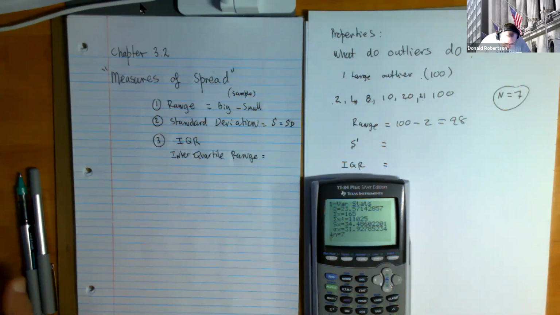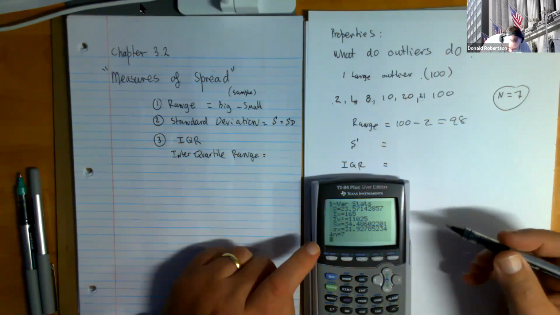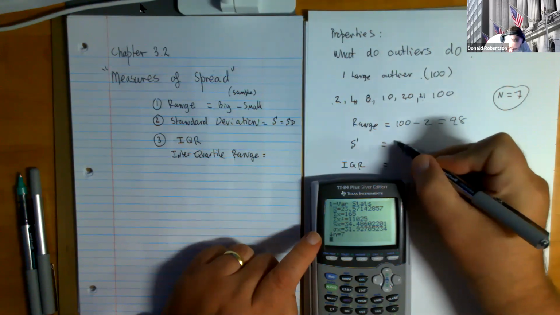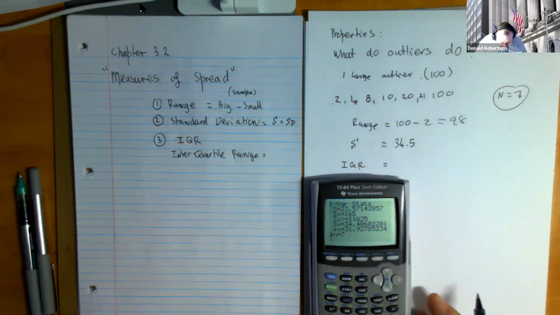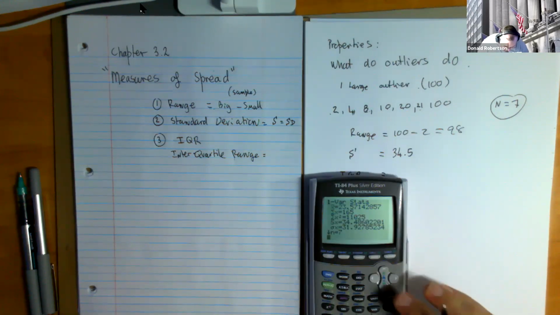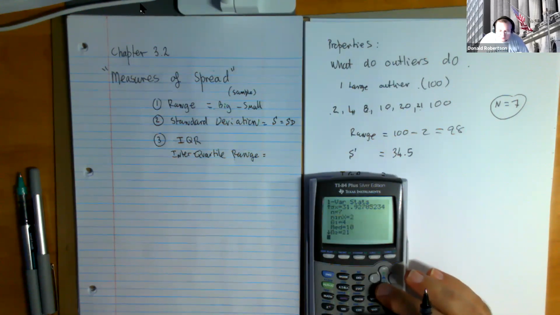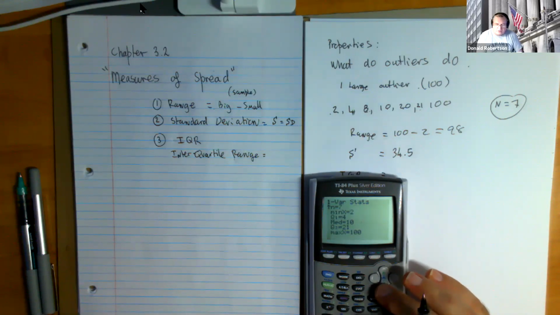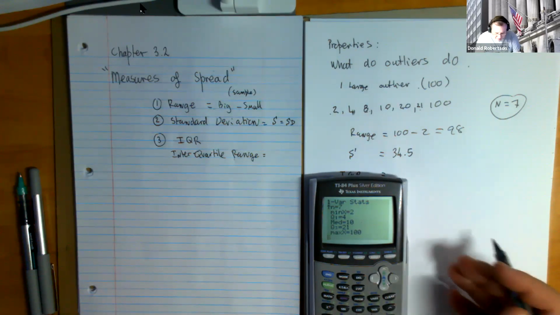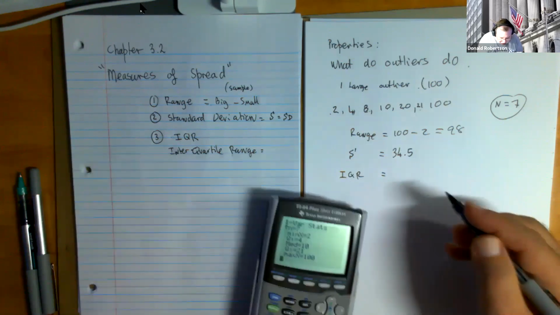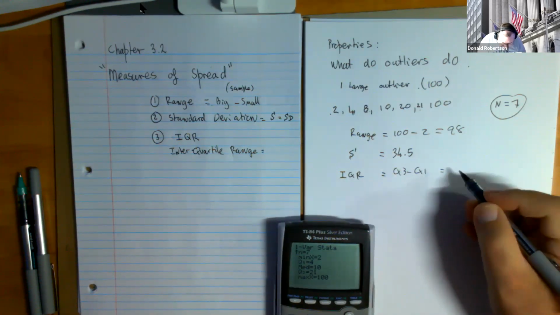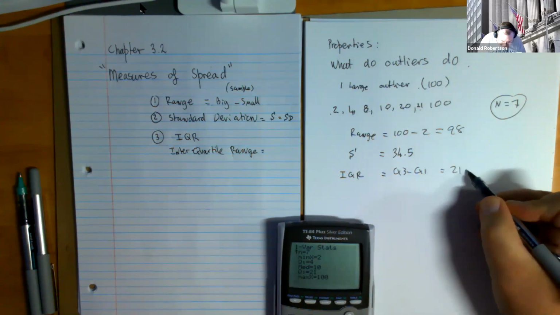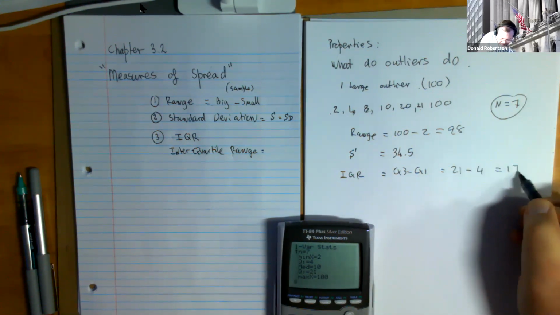So let's see. The sample standard deviation, S, is about 34.5. And interquartile range. Well, if I'm being lazy about it, can't I just go to the bottom and get the numbers I need? And so the interquartile range, which is basically 21 take away 4, is 17.